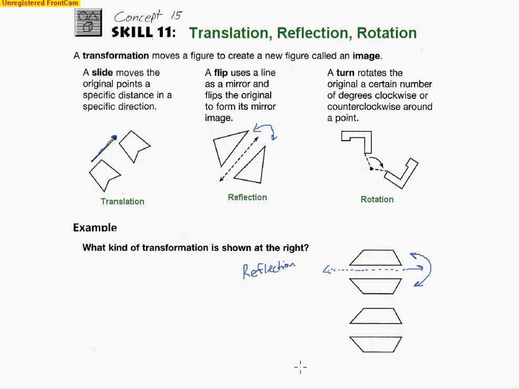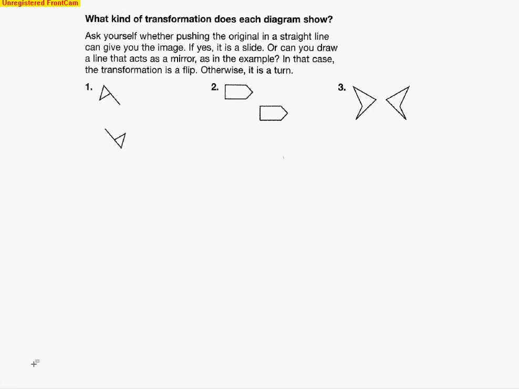Let's take a look at another example. This is the same image here. When we're trying to figure out which kind of transformation it is, we need to ask ourselves first, are we pushing it along a straight line? Am I pushing this image from one area to the next? No, it definitely looks like I'm not, because notice how the line here is pointing down and here it's pointing up. If I pushed it, it would be going the same direction, just in a different spot.